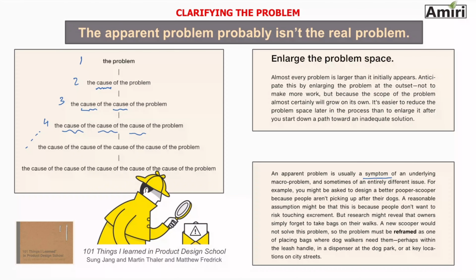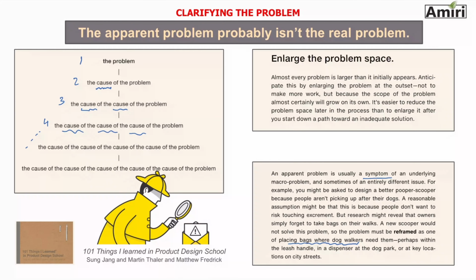So maybe you think, if I design a better bag or a better scoop, this will solve the problem. But when you look into it, maybe a better scoop is not the solution, because the problem is maybe that people forget to bring their scoop or their bag, they leave it at home, so they just don't clean up after their pet.